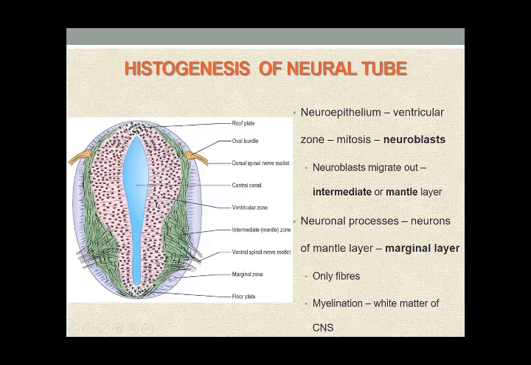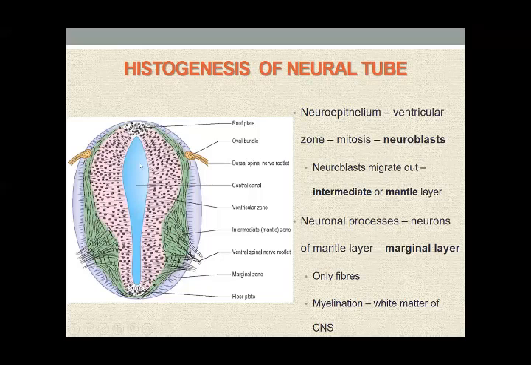They develop in this layer with rapid proliferation and growth, and then as they mature, they move out into the outer layer. The layer outside the epithelium is called the intermediate layer, also called the mantle layer. So there is rapid proliferation of the epithelium in the ventricular zone.